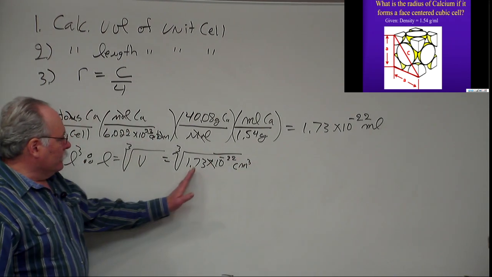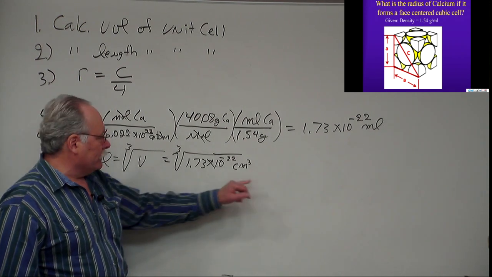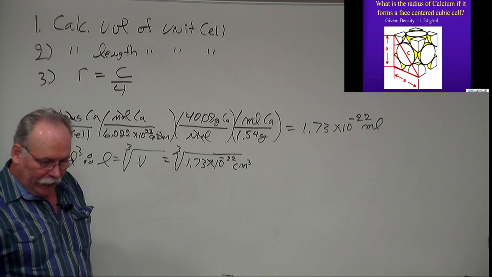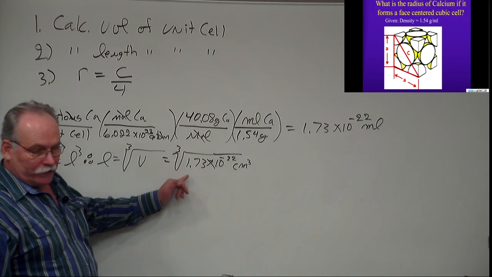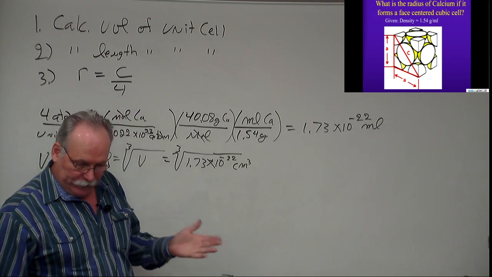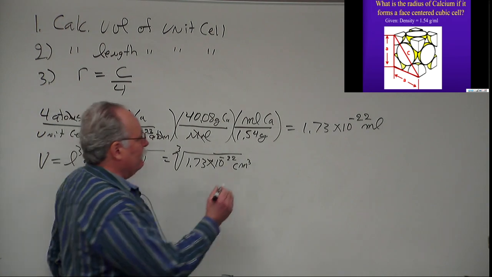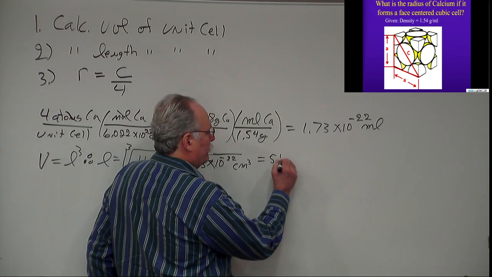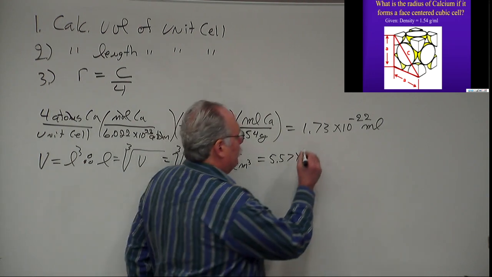What I usually do is take this to the power of 0.3333, because it's faster on the calculator, and because the cube root is the power of 1/3, and 1/3 is 0.3333. I get out my calculator and I get 5.57 times 10 to the minus 8 centimeters.